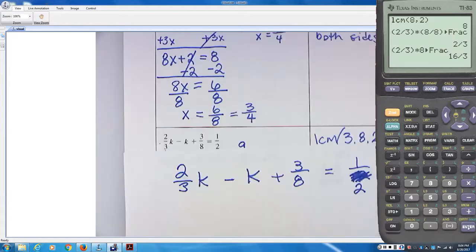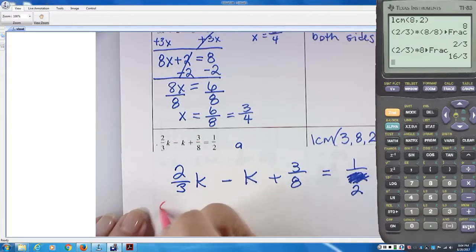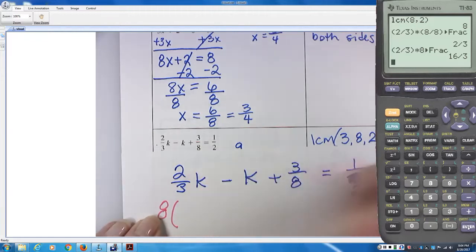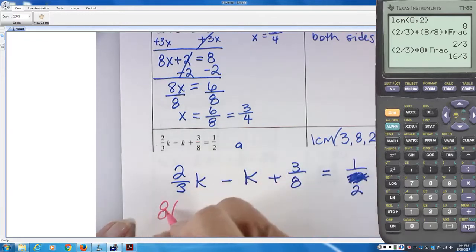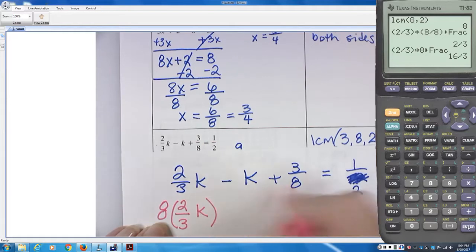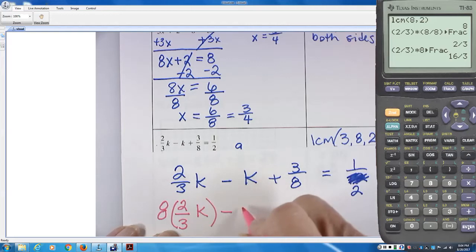And you're sitting there saying, well, now what? If I multiply everything in the problem, 3 goes into 24 8 times. So multiply the first one by 8. Since 1 goes into 24 24 times, multiply the second one by 24.